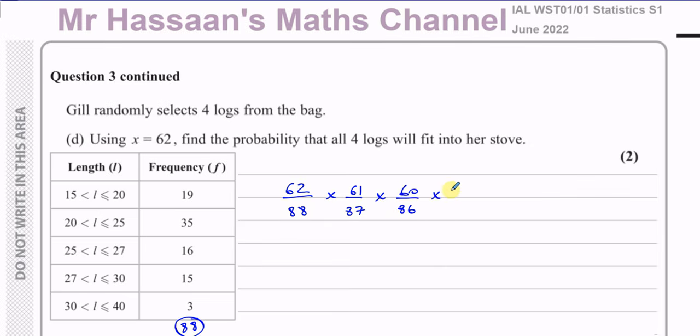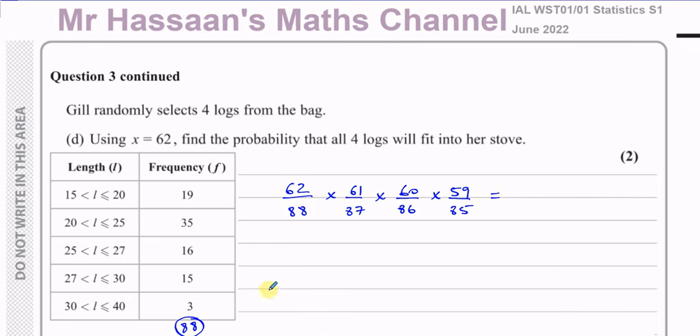And the fourth log, when we pick that, there's only 59 now left out of the total, which is now 85, because you've picked 3 logs already. So you've got 62 out of 88 for the first pick, 61 out of 87 for the second, 60 out of 86 for the third, and 59 out of 85 for the fourth pick in a row.